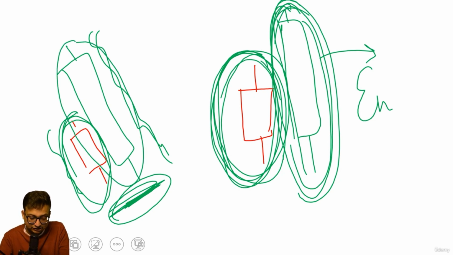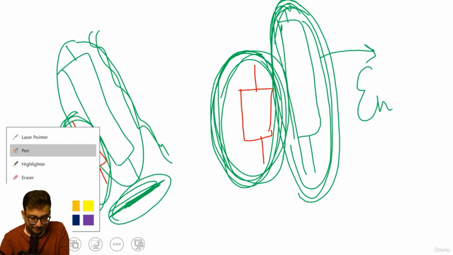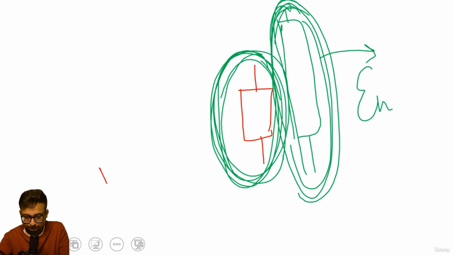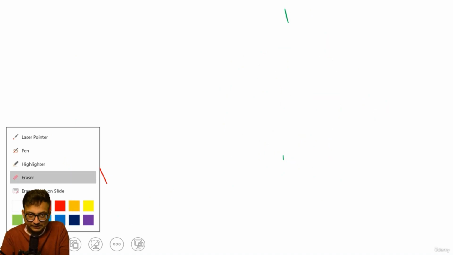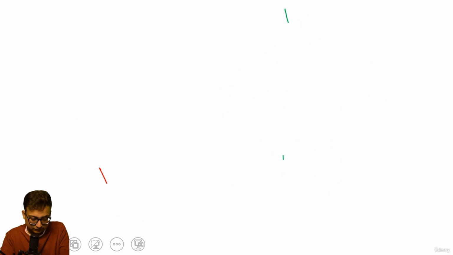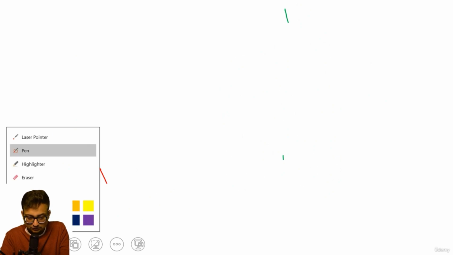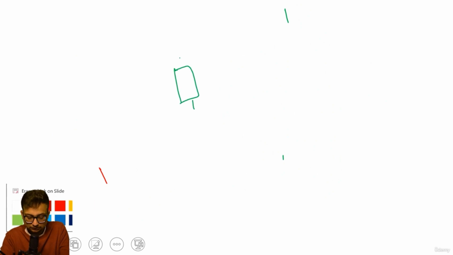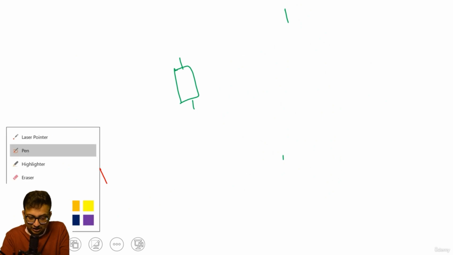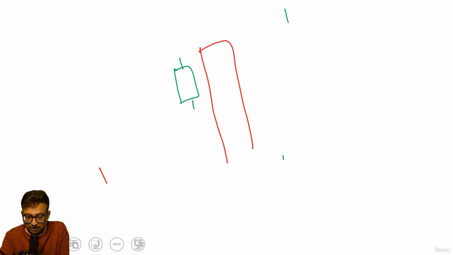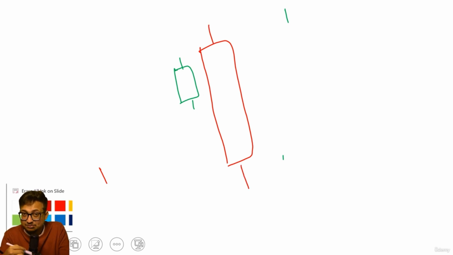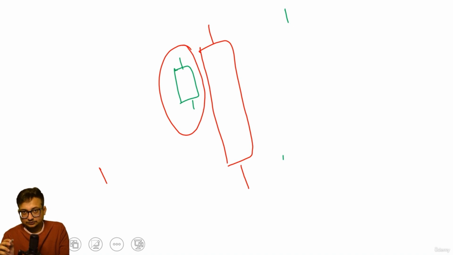And what is the bearish engulfing candle? Let's say there is a bullish candle, right? And after a small bullish candle, there is a big bearish candle, and this bearish candle has the ability to engulf the entire bullish candle.